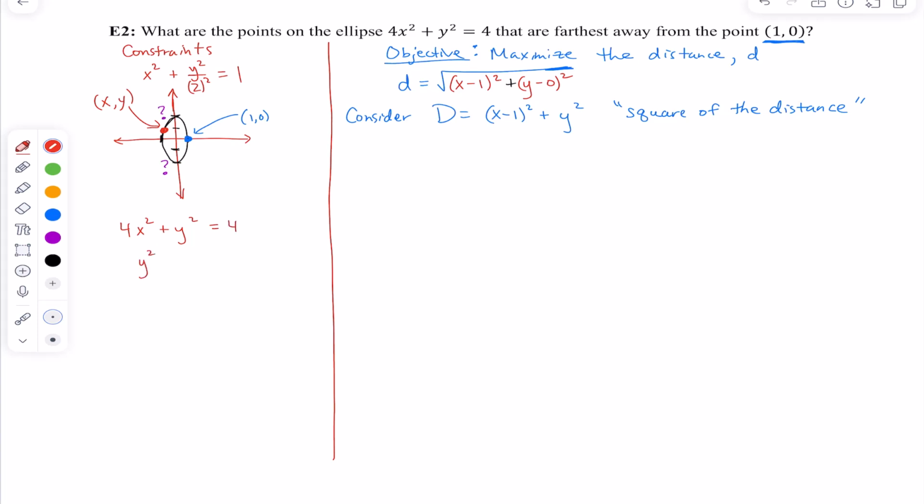And so y squared is going to be that. That is y squared. I'm going to take that and put it over here. And now we have D as a function of x. And we could actually differentiate this function. Why don't we differentiate this function and start looking for critical numbers?